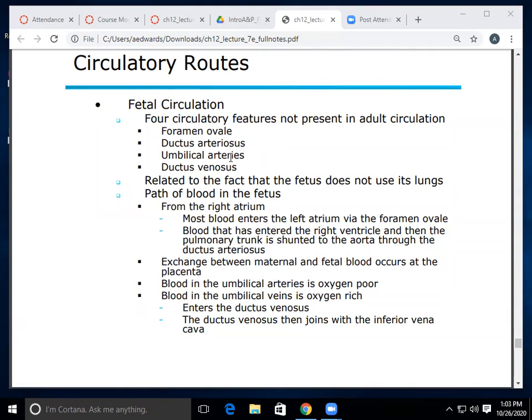In the adult, when we think of the foramen ovale, we think of a foramen in the skull. But this is actually part of the circulatory system in fetal circulation. Ductus arteriosus, umbilical arteries. These really are arteries you'd only see in fetal circulation. Think about the umbilical cord. And the ductus venosus.